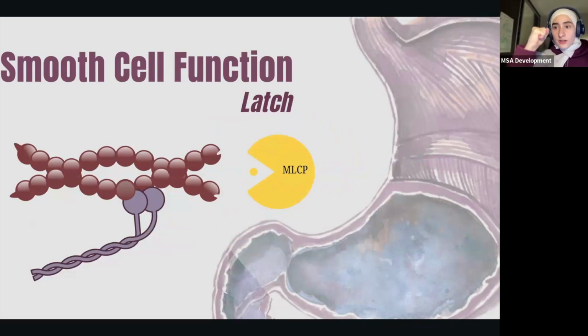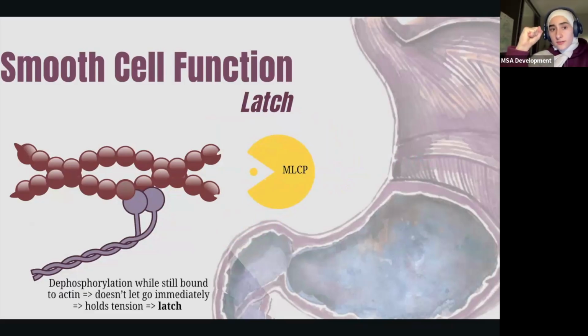This means that you are now not able to cause a relaxation. So for a while, you're just going to be contracted. This is called the latch mechanism, or the latch bridge. This connection right here is called the latch bridge. All you need to know about this is that you have a constant contraction, and you do not need ATP for this constant contraction. And you see this in sphincters. That's it.